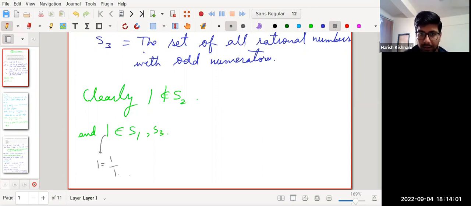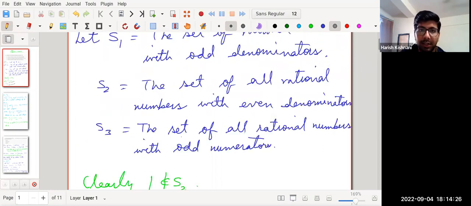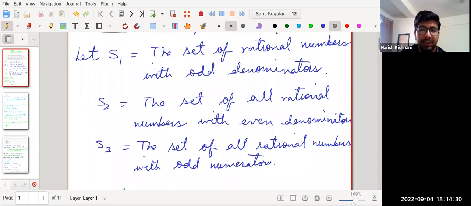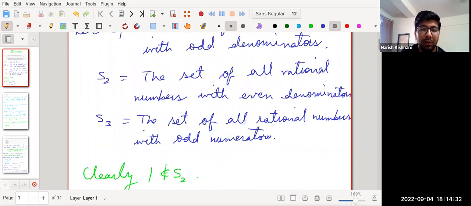So it has an odd denominator as well as an odd numerator. So 1 is present in both S1 and S3. It is a rational number with an odd denominator, and also a rational number with an odd numerator.